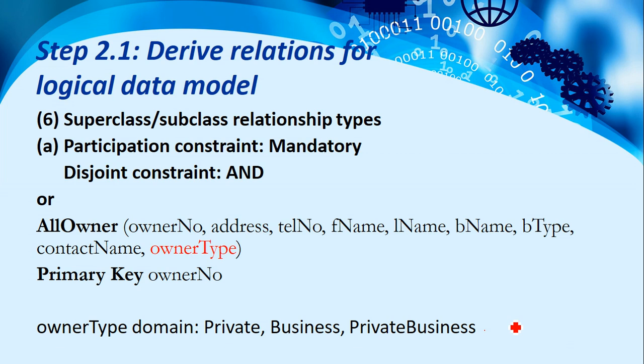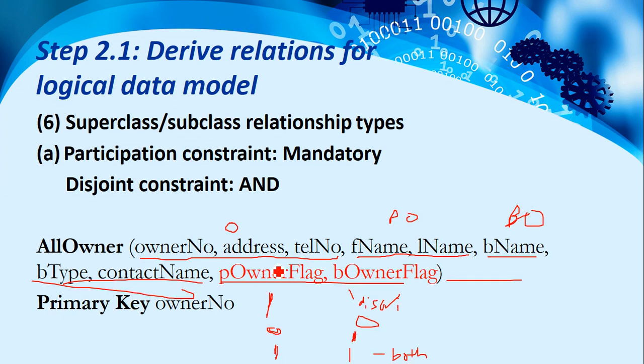Ito yung another way of making a discriminator. Yung kanina, yung pag-insert mo ng discriminator attributes is kung ilan yung subclass mo, yun din yung ilalagay mo. Kung dalawa, dalawa. Kung tatlong subclasses, tatlo.